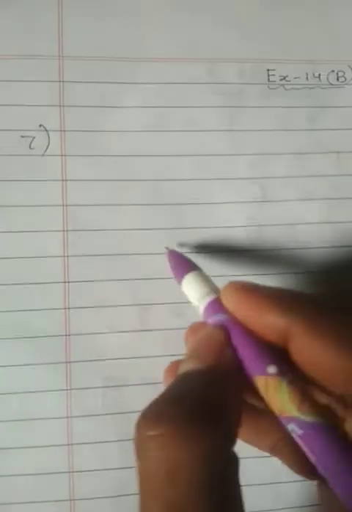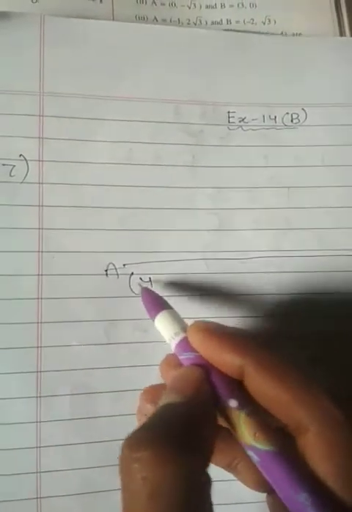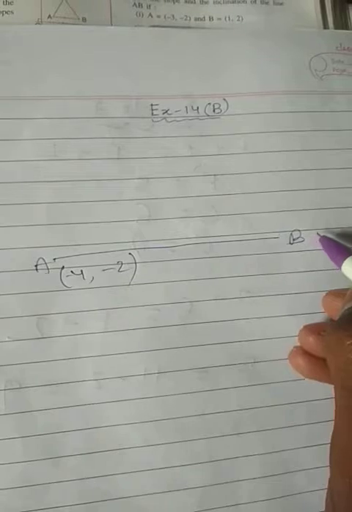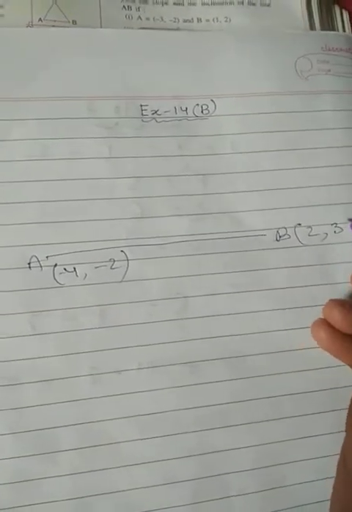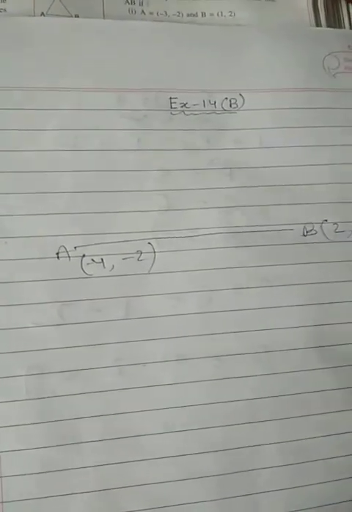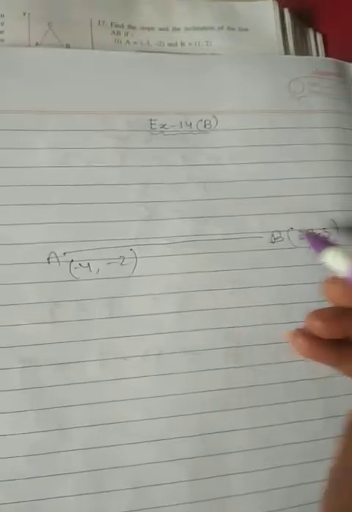A line is there. First, I am assuming that line is AB, where A is minus 4 comma minus 2 and B is 2 comma minus 3. This is a line.